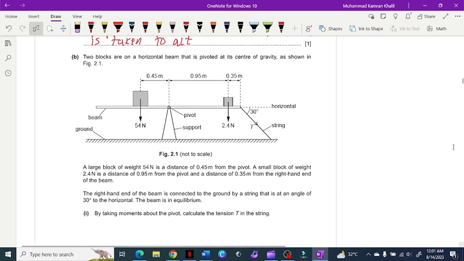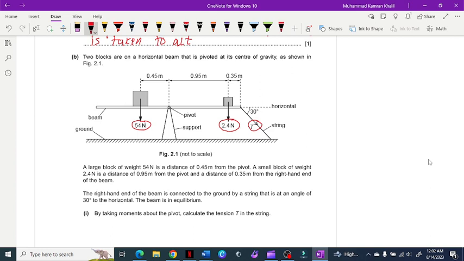Now in this diagram, what is required? That one force is acting on left hand side and two forces are acting on right hand side. One of them is 2.4 and other one is the force of tension. So he is saying that by taking the moments about the pivot, calculate the tension T in the string. Now you can see that on the left hand side the force is 54 Newton.